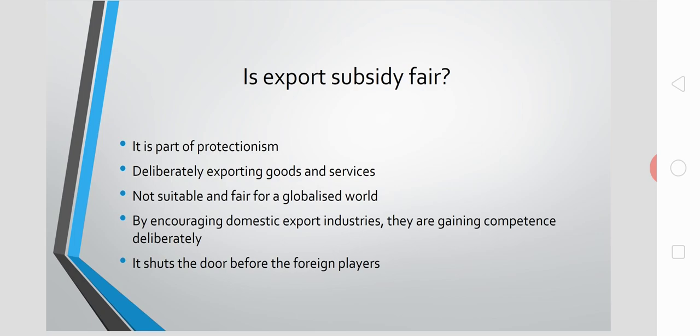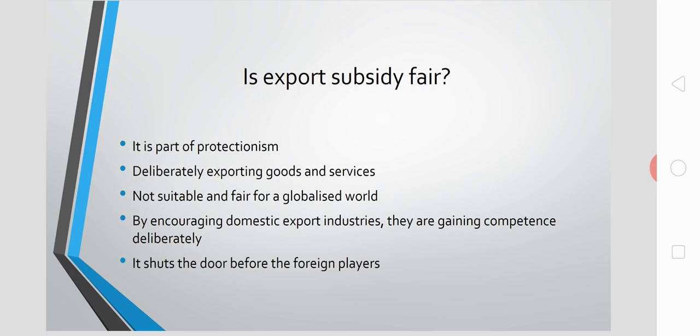So export subsidy may not be fair in certain circumstances, but for the liberalized, globalized world, this is not fair.